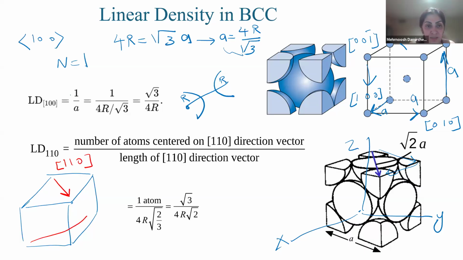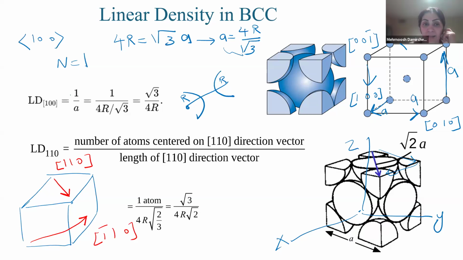What is this? It is [-1, 1, 0]. All of them belong to one family, according to the previous slide where I told how we can derive different directions to belong to one family. Why one family? Because the linear density for them is the same.